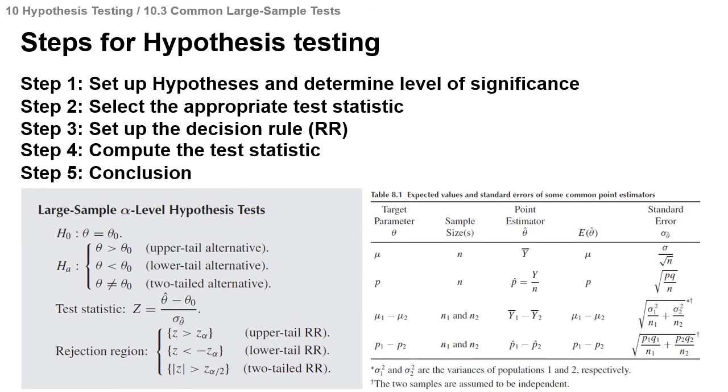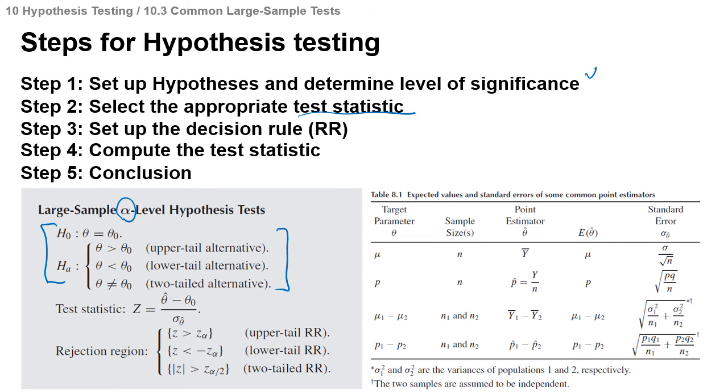Here it describes the general steps for hypothesis testing. Step 1: set up the hypothesis and determine the level of significance. At this stage, we define the statistical hypothesis and decide the level alpha. The second step is to select the appropriate test statistic.